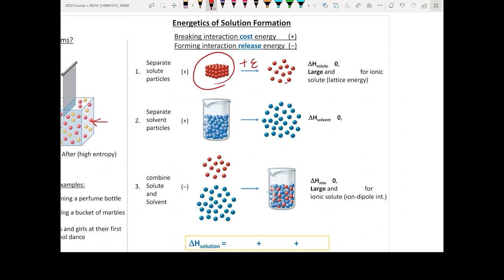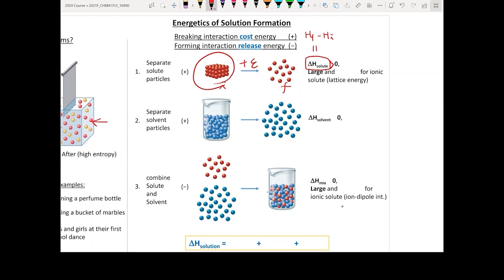Assuming this is the final state and that is the initial state, the delta H of your solute can be calculated from the enthalpy of the final state minus the initial state. Because in this process you dump in energy to reach the final state, the final state has higher energy than the initial, so the difference between the two should be positive.